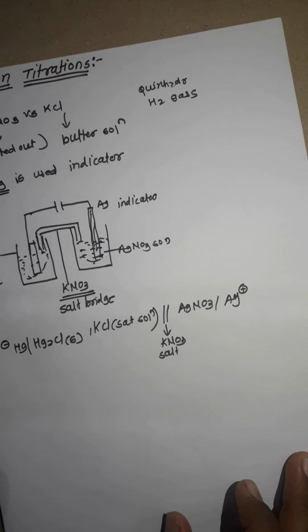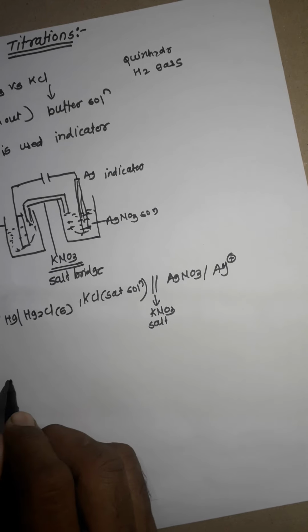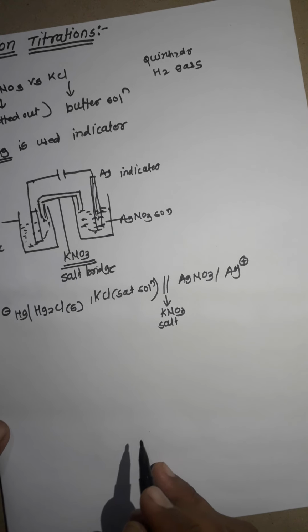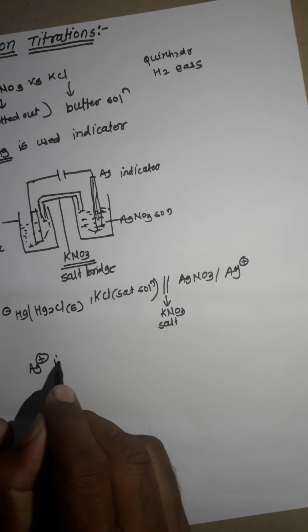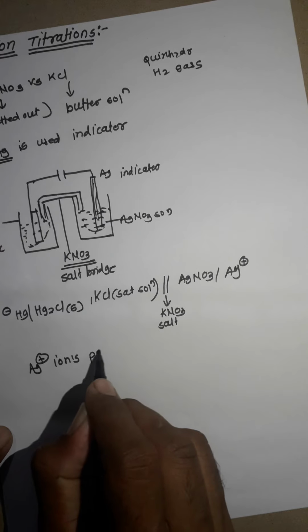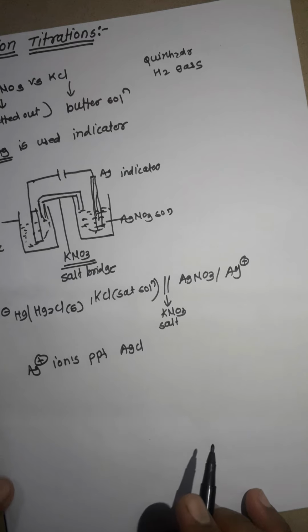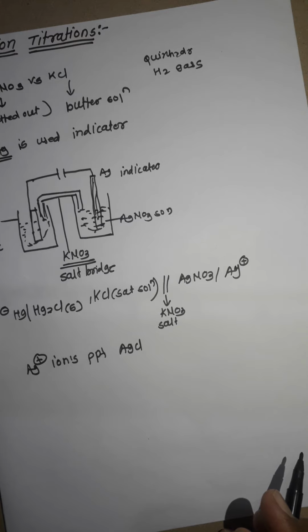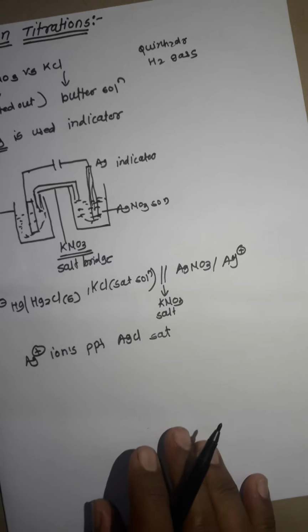In this titration, the reaction is carried out and Ag+ ions are precipitated as AgCl. In this titration, Ag+ ions are precipitated to form AgCl salt.